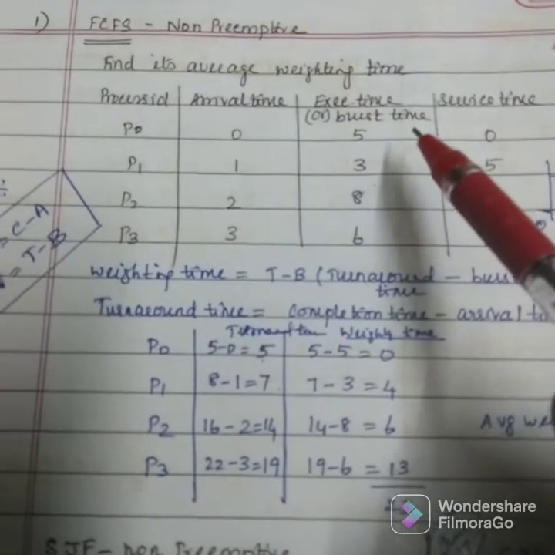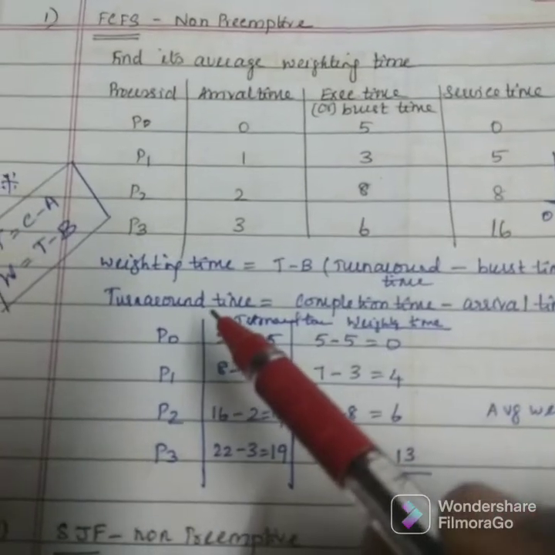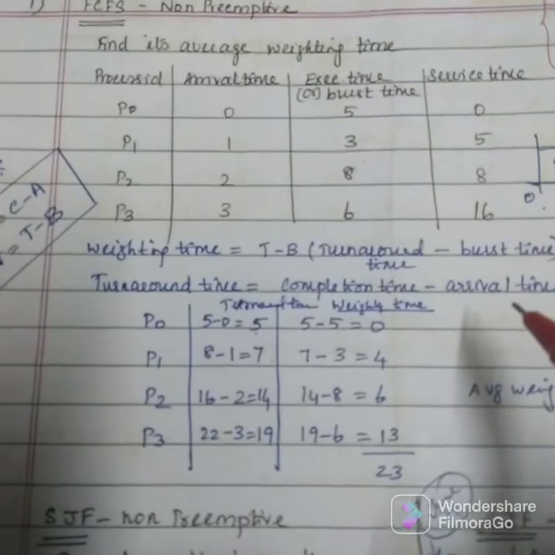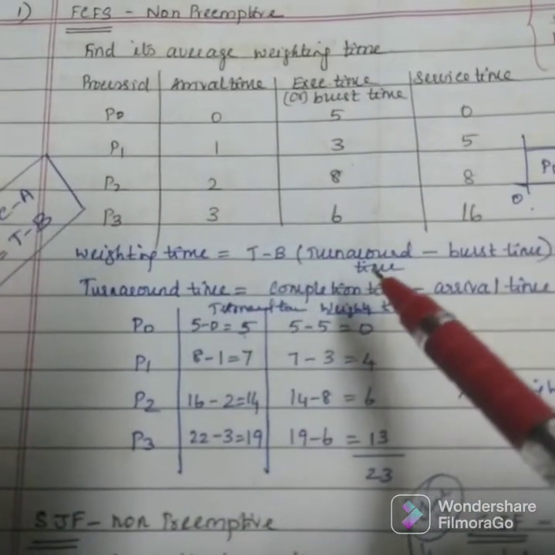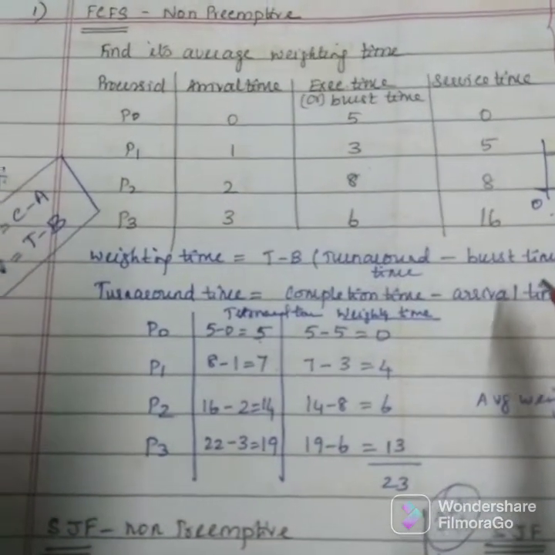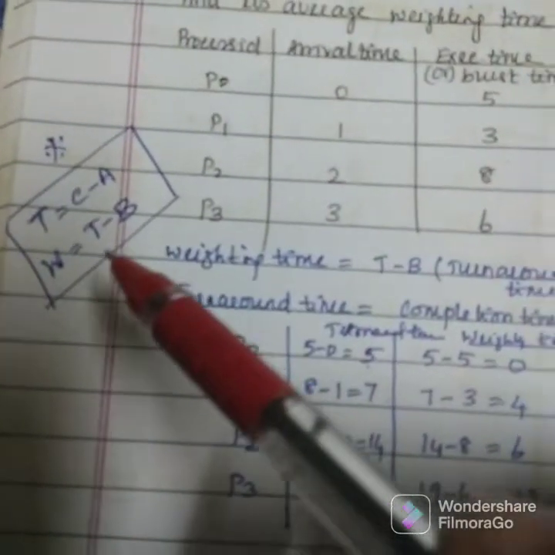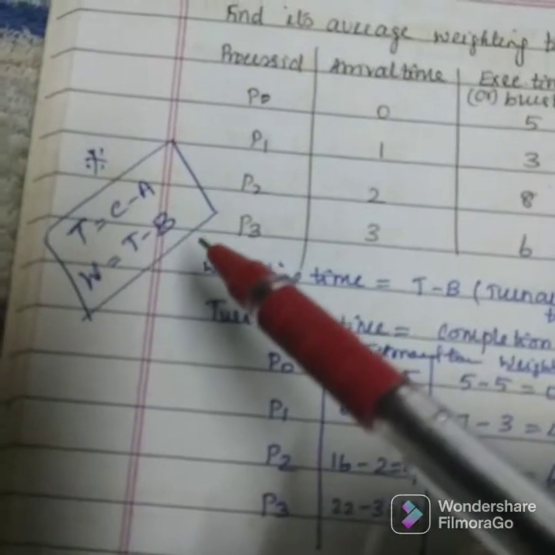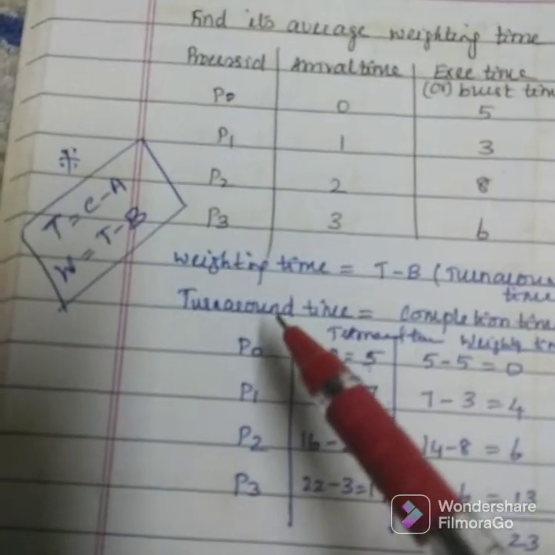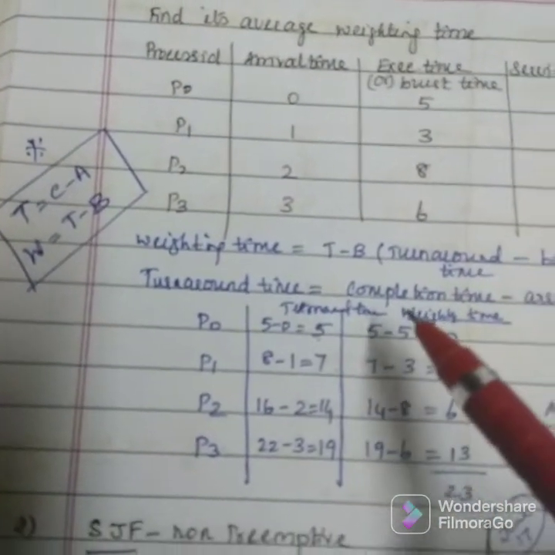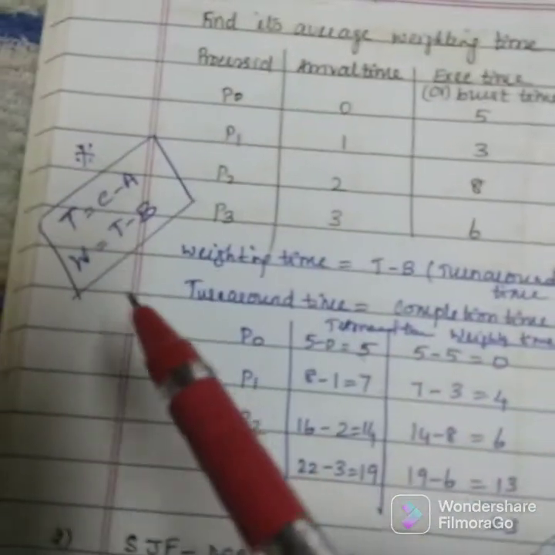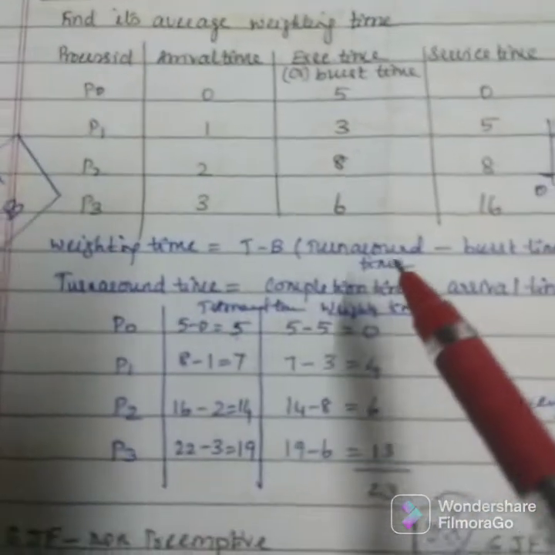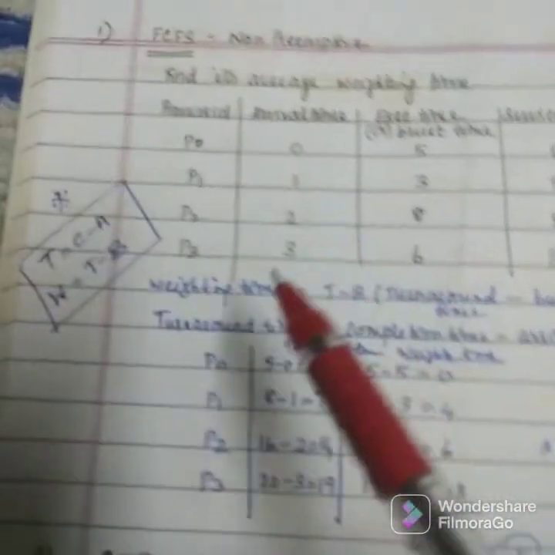Then turnaround time is completion time minus arrival time. Waiting time is turnaround time minus burst time. So please remember this: T equal to C minus A, W equal to T minus B. T is turnaround time, completion time minus arrival time, and waiting time equals turnaround time minus burst time.